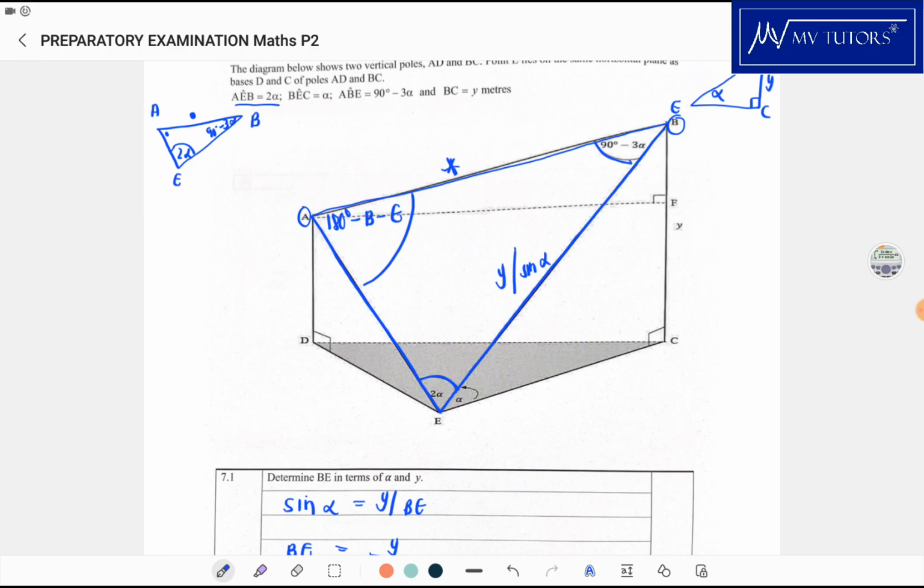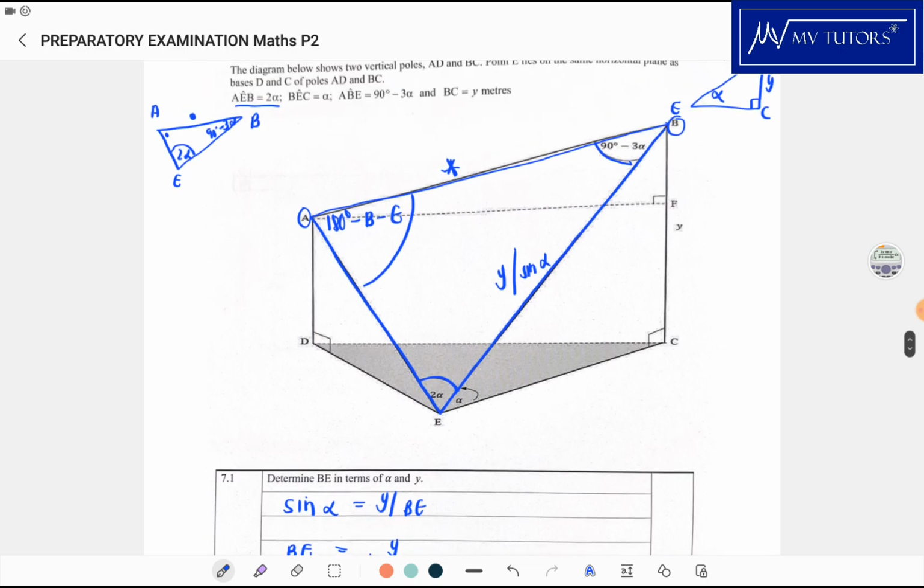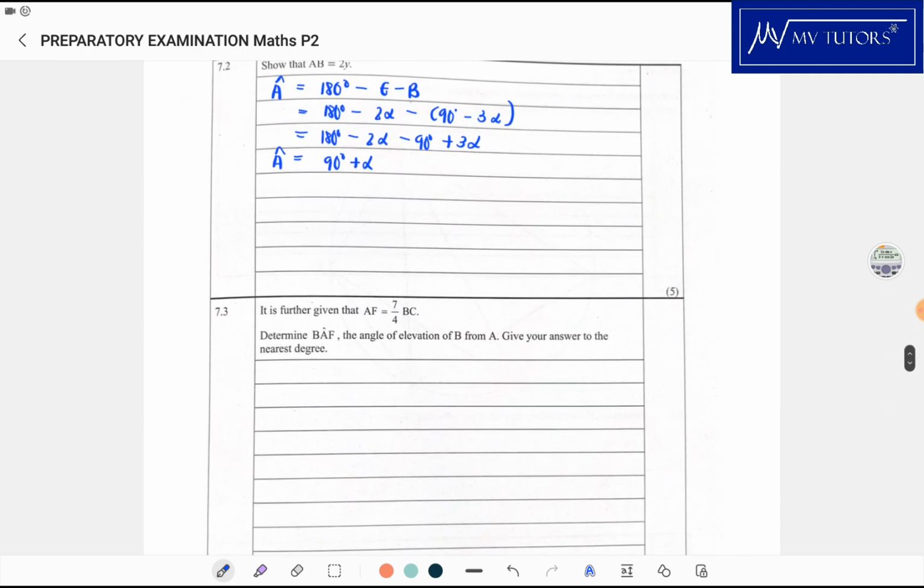So AB over sine of angle E is equal to BE over sine of angle A. And we know that E is 2 alpha.